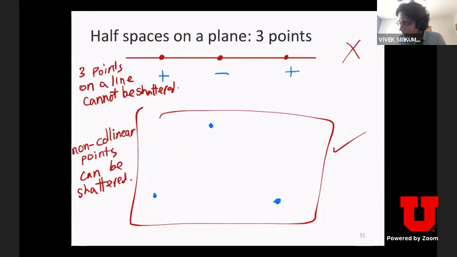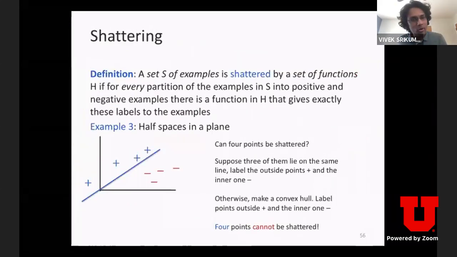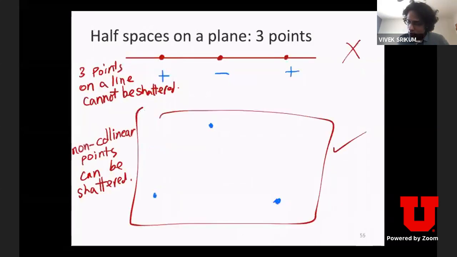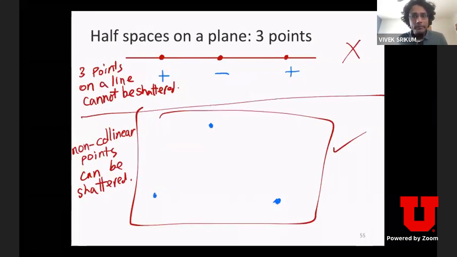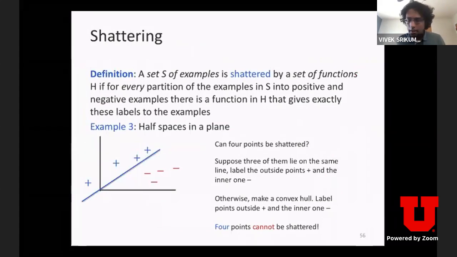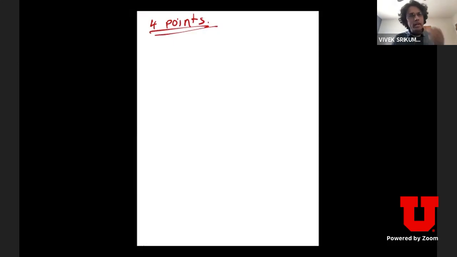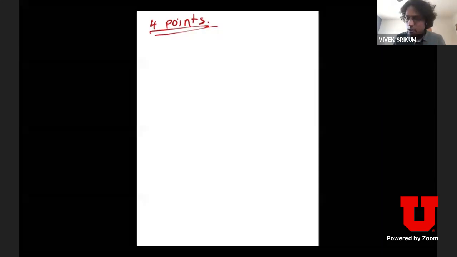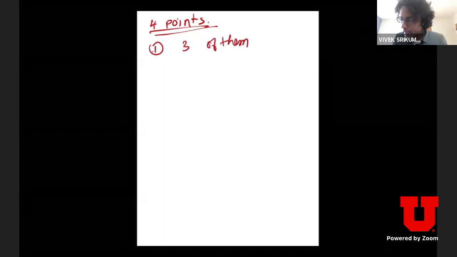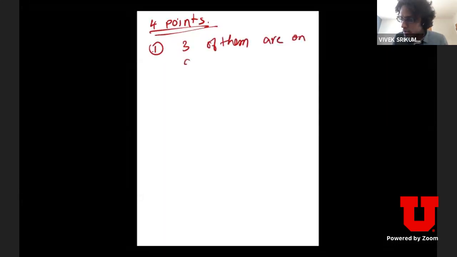But before we go to VC dimensions, let's consider 4 points. We've already shown that in 3 points, some of them can be shattered and some of them cannot. What about 4 points? Let's work through these cases, okay? For 4 points, we can consider 2 situations. Case 1, 3 of them are on a line.